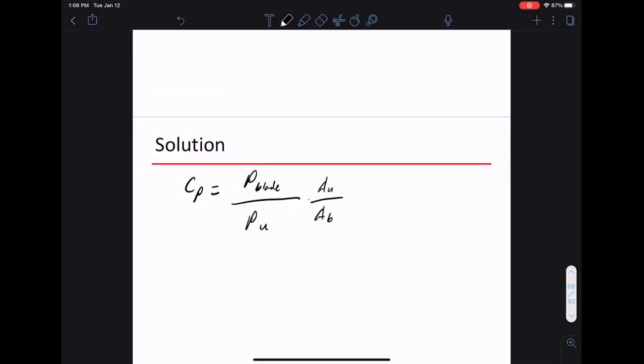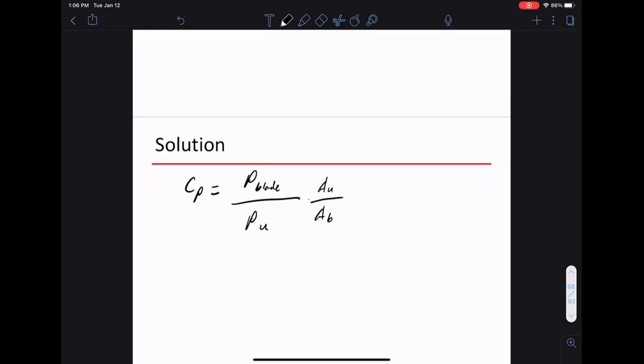Right? So we need to remember for the coefficient of performance, we're not looking directly at the total amount of power upwind. We're looking at the amount of power we would have extracted with the area as the area swept out by the blade, and the speed as the upwind speed.